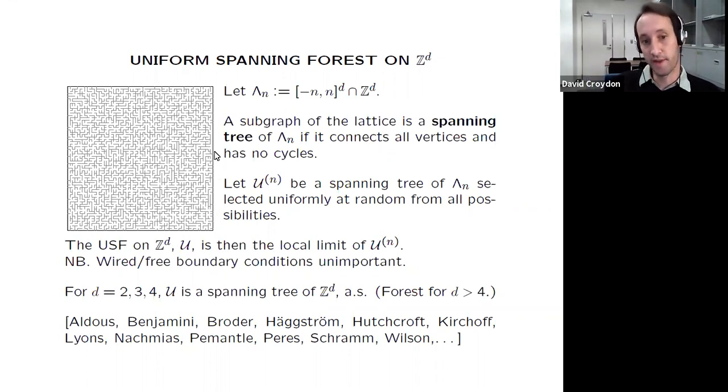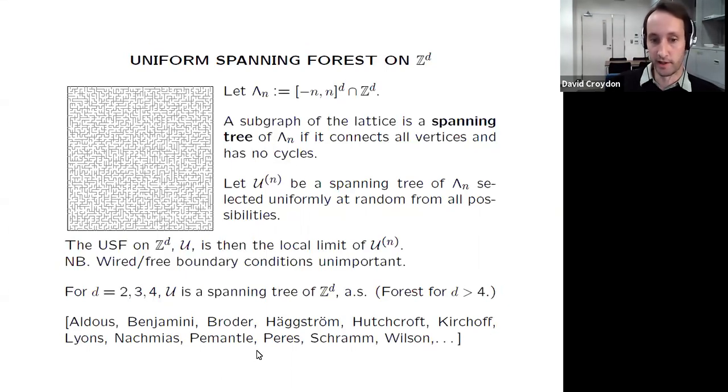You can understand that in this picture, I can have different clusters coming in from the boundary, and they might or might not meet close to the center of the box. So as we let n go to infinity, it's a non-trivial question whether the graph we end up seeing is connected or not.